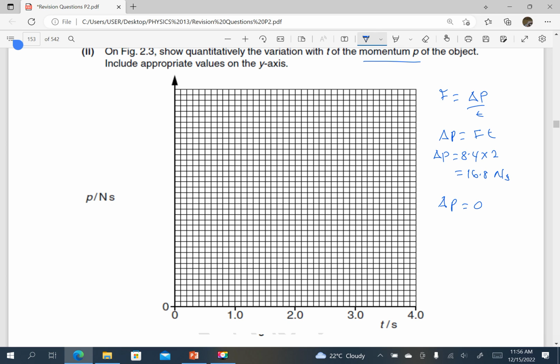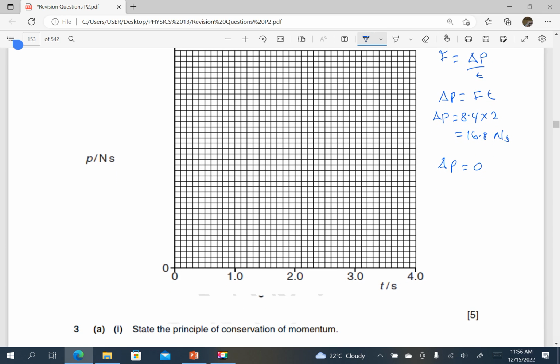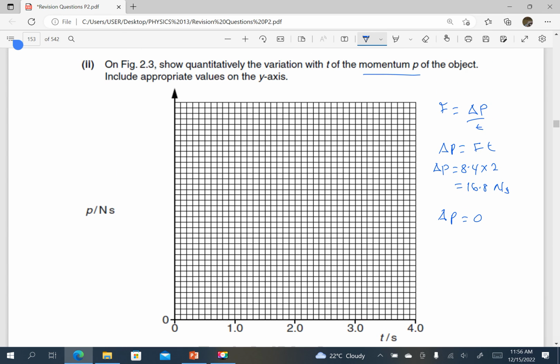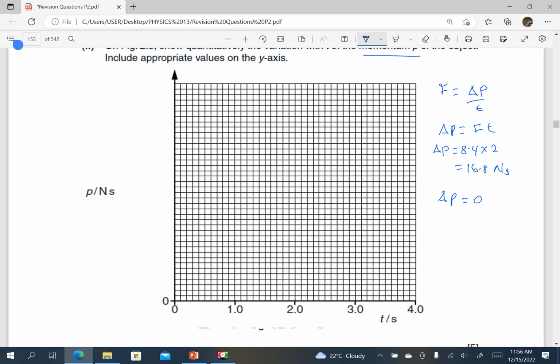So we just look for a scale on the vertical. I will say after every 10 small squares, that will be maybe 5. 1, 2, 3, 4, 5, 6, 7, 8, 9, 10. That is 5. Another 10 squares, that is going to be 10.